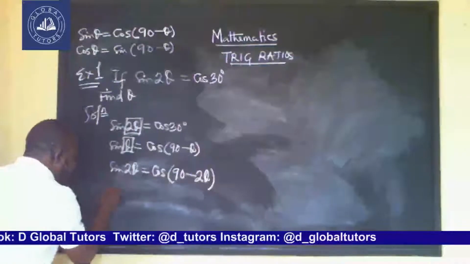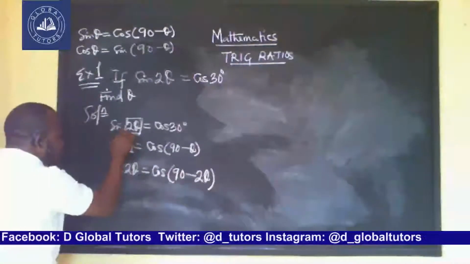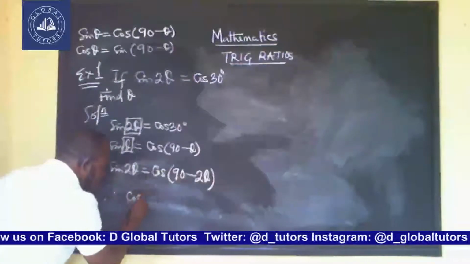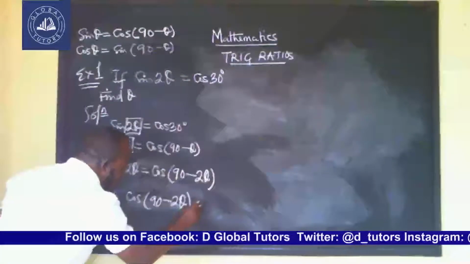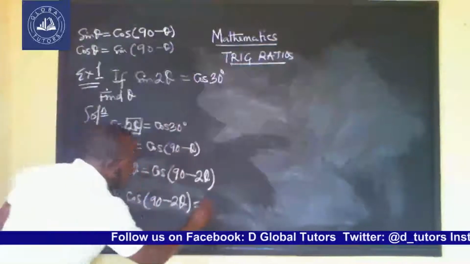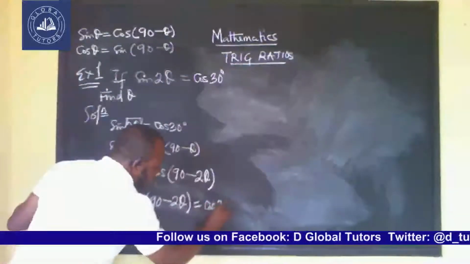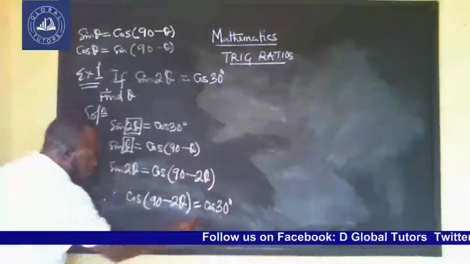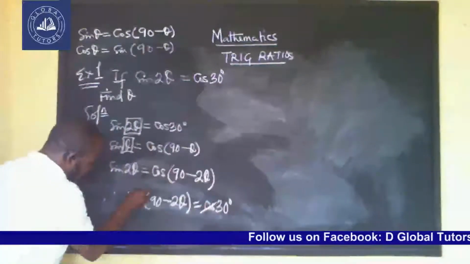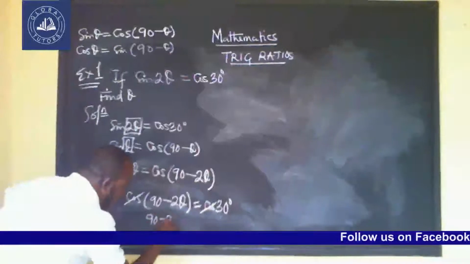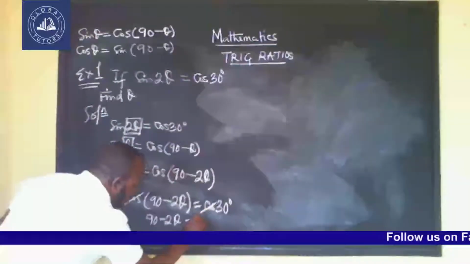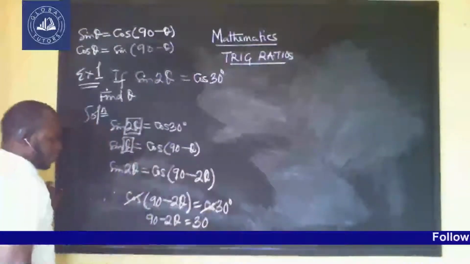So I can therefore write sine 2 theta as cos 90 minus 2 theta equals, what's the question? Cos 30 degrees. So look at it, cos. Look at this, cos. So I'm left with 90 minus 2 theta equals 30 degrees.